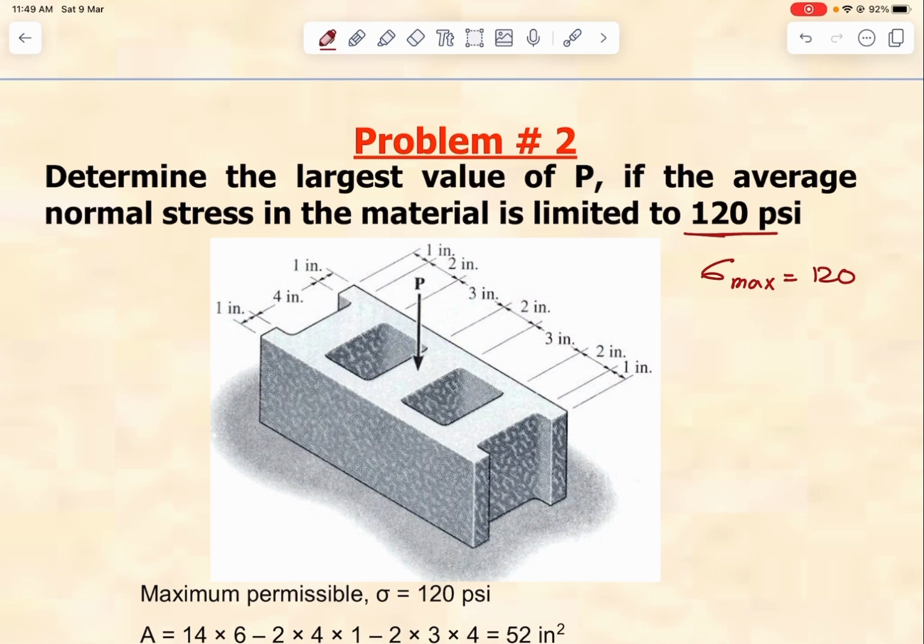So we need to determine the largest value of P. We said that the largest sigma corresponds to the largest force. Here I need to find the area in order to find P max, because P max is equal to sigma times area. So we need now to find the area.